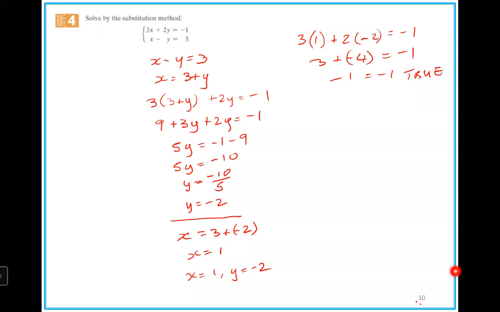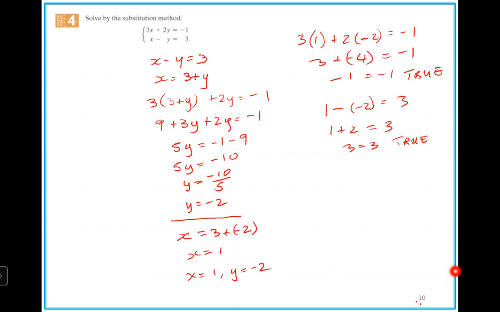And for the second one, x is 1, minus -2 equals 3. 1 minus -2 is the same as 1 plus 2 equals 3. 3 equals 3. That's also true. So it works for both, so we know that our answer is correct. You can always check your answer and know if it's correct.